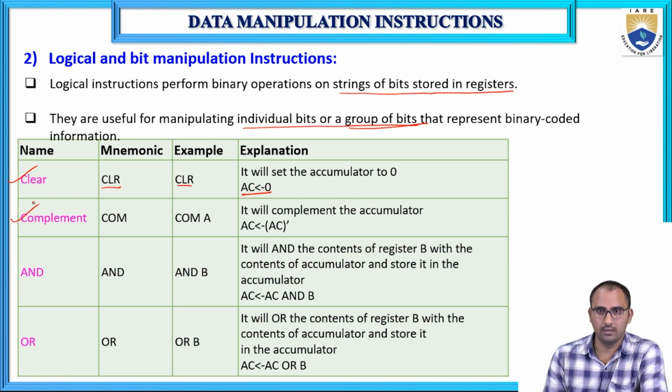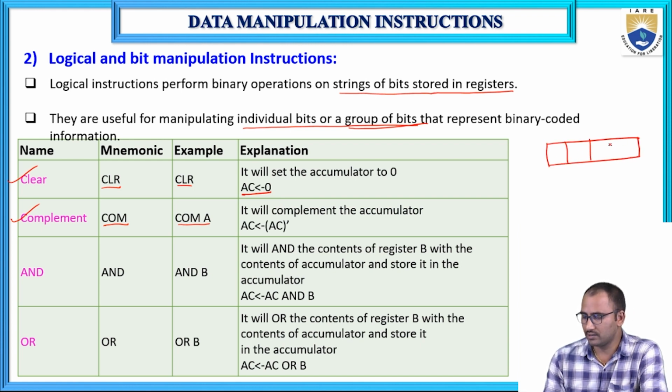Next, complement. The mnemonic is COMA. This instruction performs the complement operation, that means the inverse operation. Suppose you have an accumulator that is a 4-bit register, with 0, 1, 0, 1.